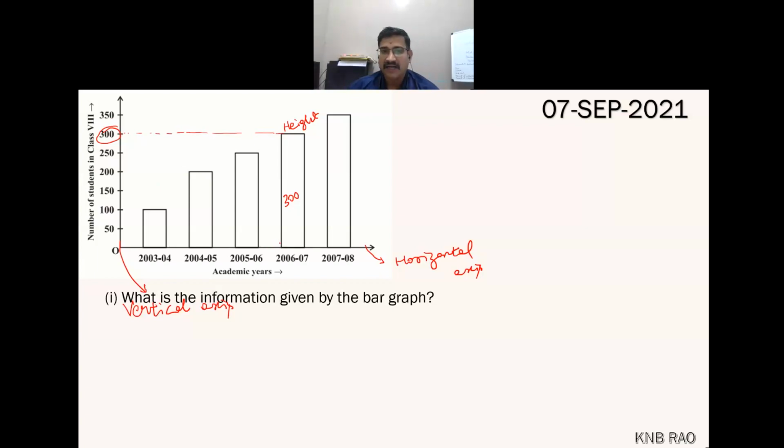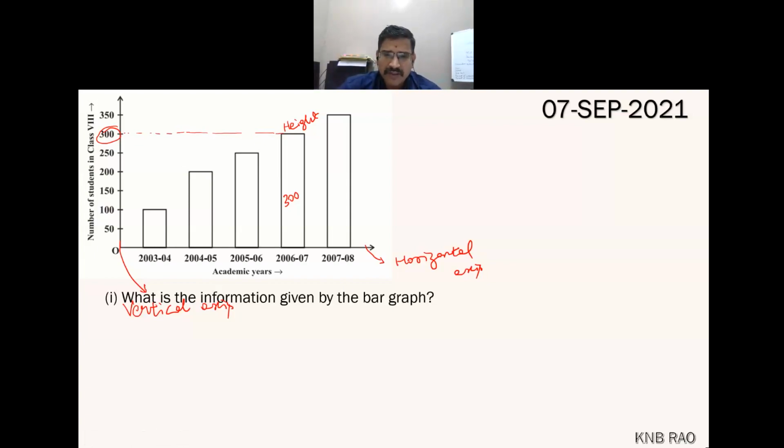Based on the height of the bars, we say what numerical data the bar is representing. On the horizontal axis, we have taken academic years. Sometimes we may take subjects, or the name of a student, and so on.